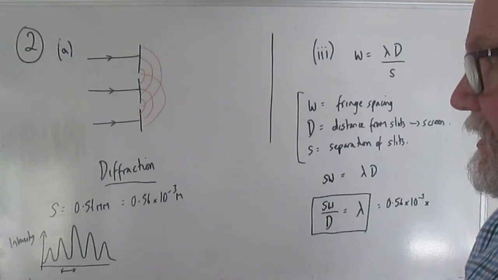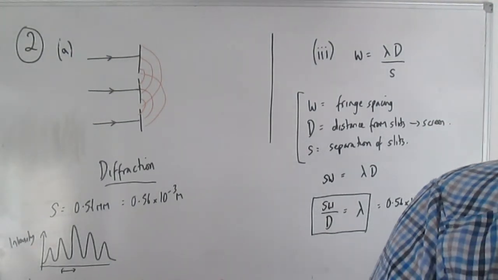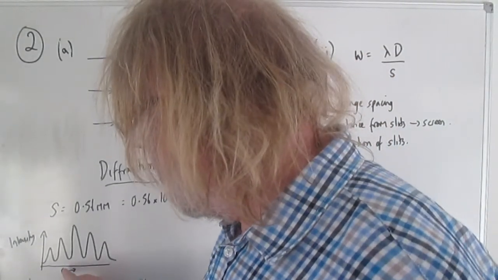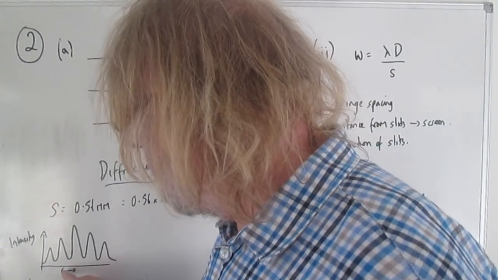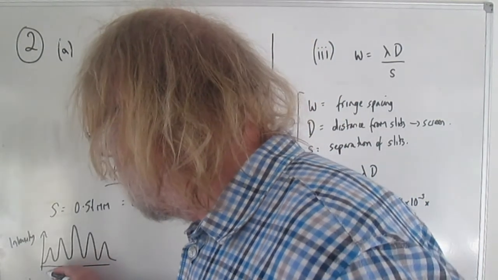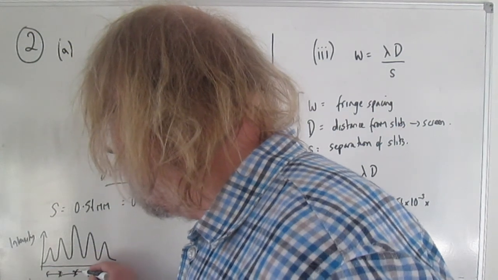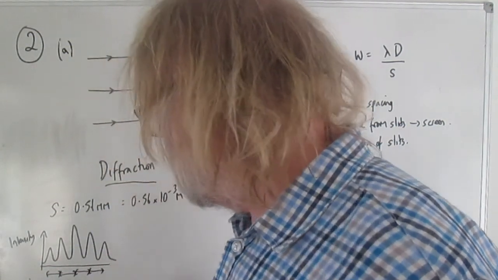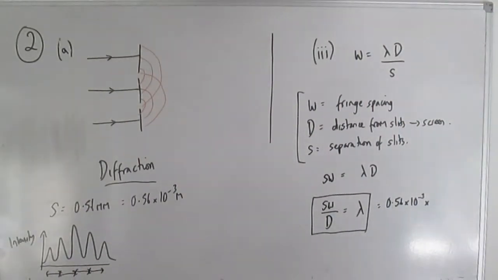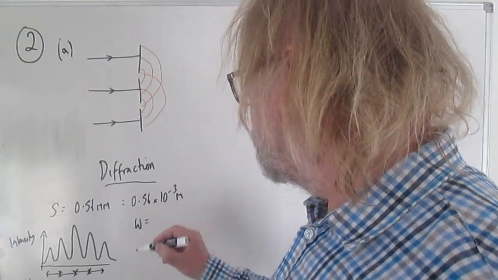So that's what W is, but what it's told you in this case is the value for 4 fringe spacings. In other words, it would be the distance not just across there, but from there to that's 1, 2, 3, 4. So it's 4 spacings, and obviously in order to get W, we have to divide by 4.